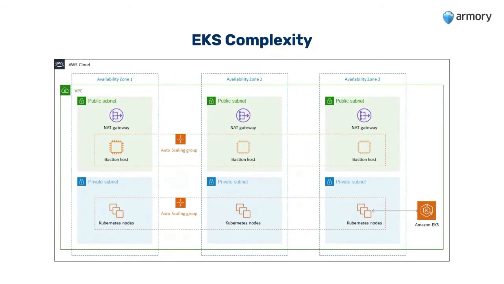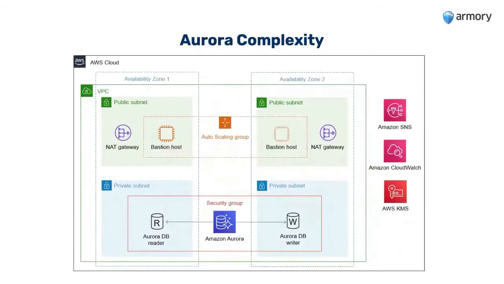So the VPC gets provisioned first, and the EKS cluster with its bastion hosts and its NAT gateways and its 3 availability zones and its Kubernetes infrastructure get provisioned on top of the VPC. And then there's Aurora. We have an Aurora database for backend persistence, and this Aurora has a bastion host. It has Aurora instances and so forth that we're provisioning.